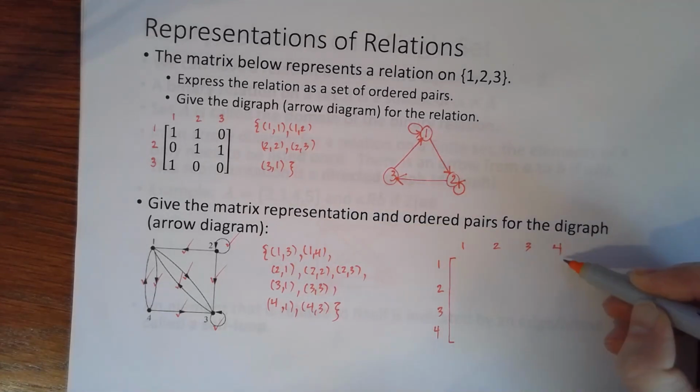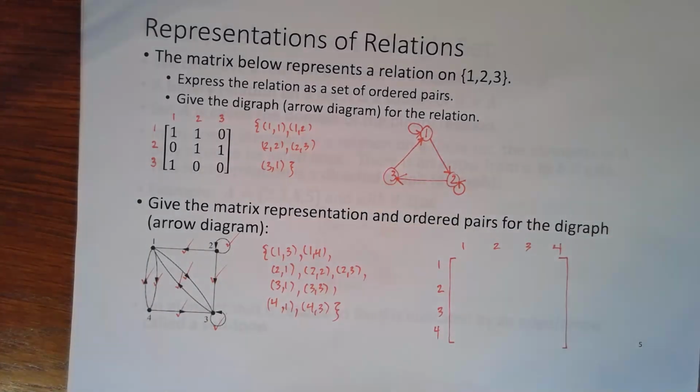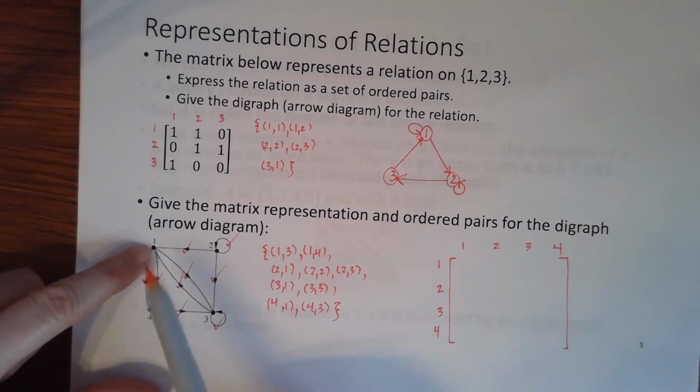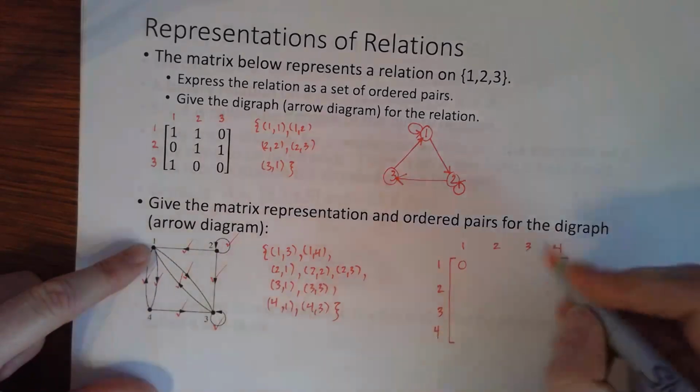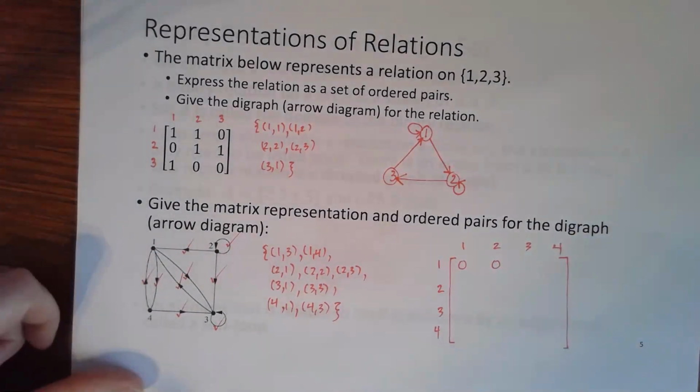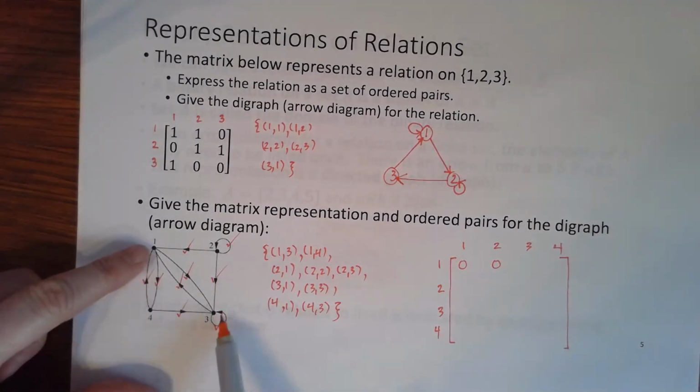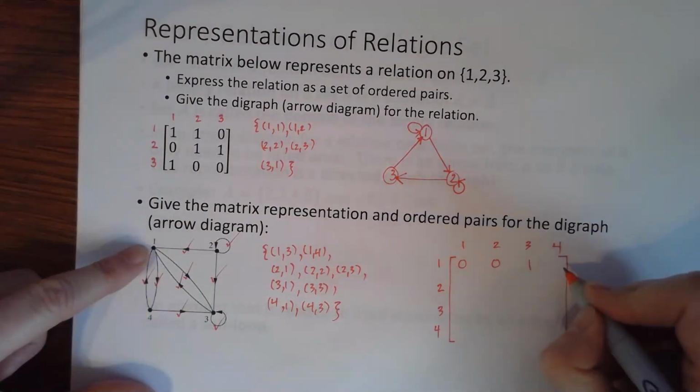And then we can just go through and fill in. So 1 was not related to itself. 1 was not related to 2. But it did go to 3 and to 4.